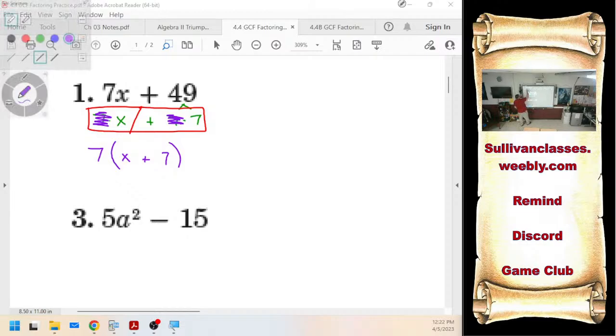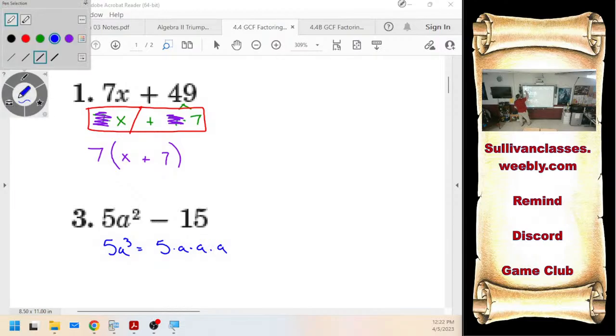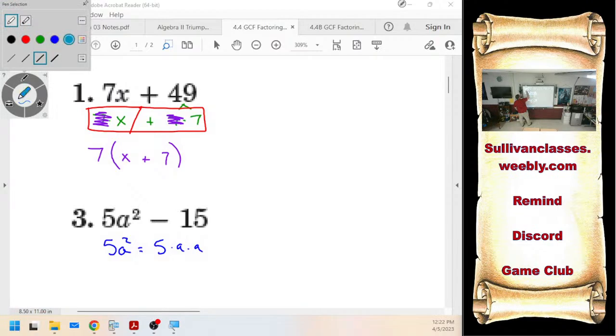I can write 5a cubed and write it as 5 times a times a times a. That is a true statement. And negative 15.